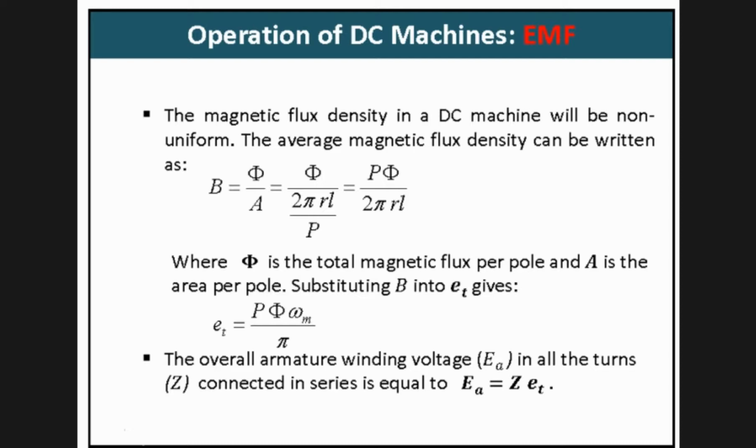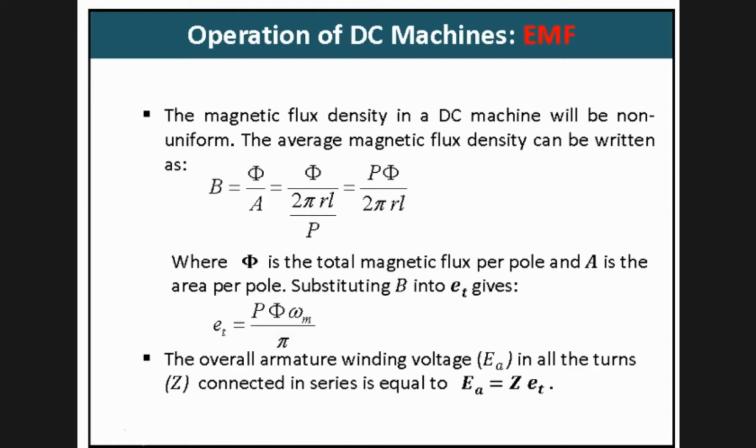So the magnetic flux density, which is called B, is actually the total flux divided by the area of the pole, right? By assuming uniform field distribution on the pole, we can find the average flux density by just dividing flux by the area of the pole.